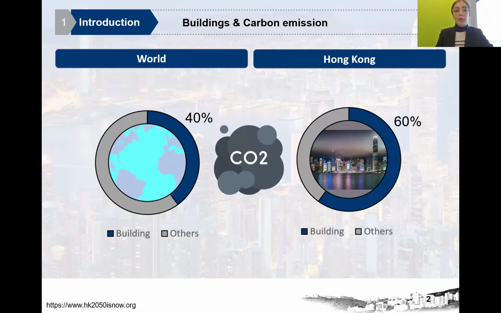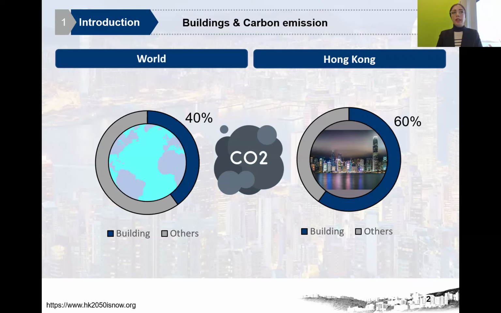As you know, buildings account for a high portion of carbon emissions. On average, it's about 30 to 40% of the carbon emissions of the world. And specifically in Hong Kong, around 90% of electricity consumption is related to buildings, and 60% of carbon emissions are building related.